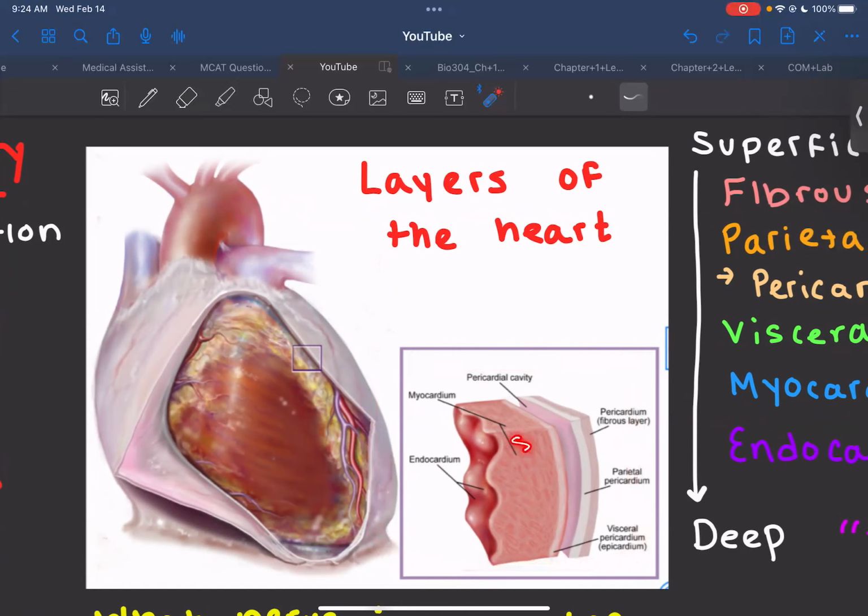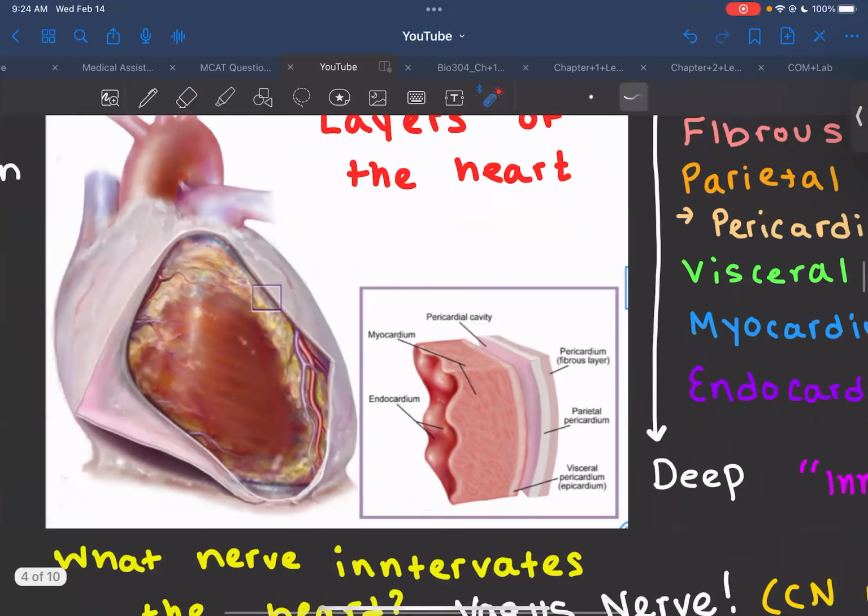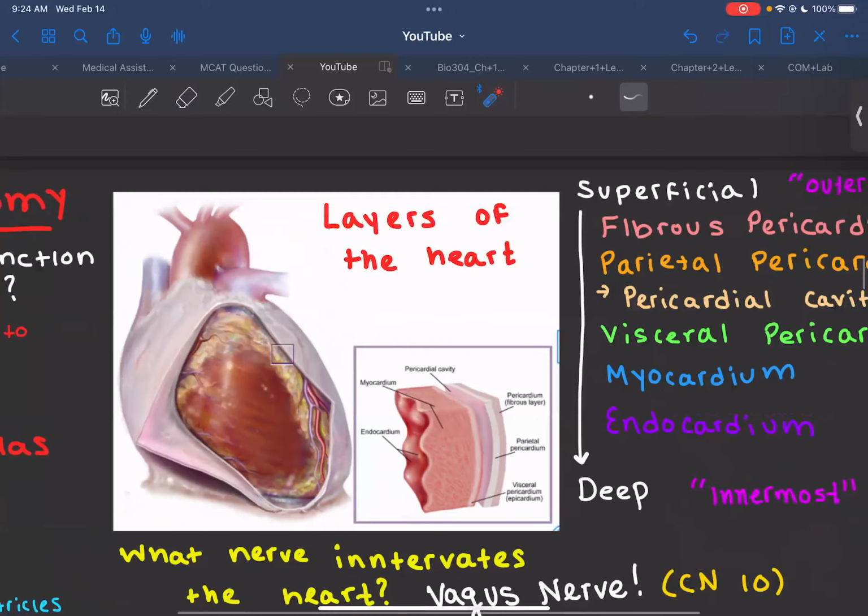This really thick part here is going to be the myocardium, myo meaning muscle. Then you have the endocardium, which is lying right against the heart. So the heart is literally right here up against that. You have the pericardial cavity, the visceral pericardium, the parietal pericardium, and then the pericardium, which is that outside fibrous layer.